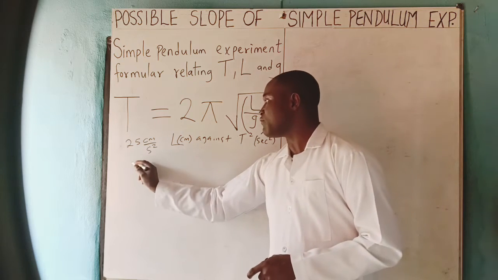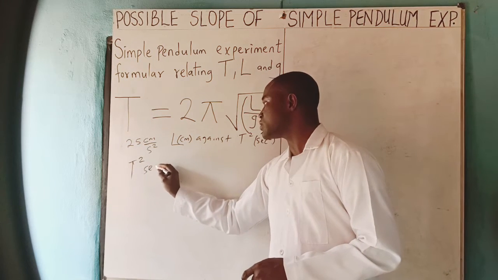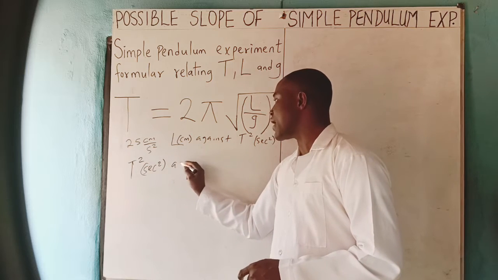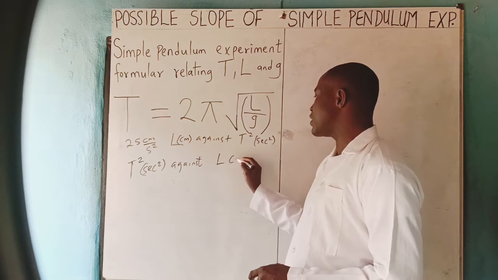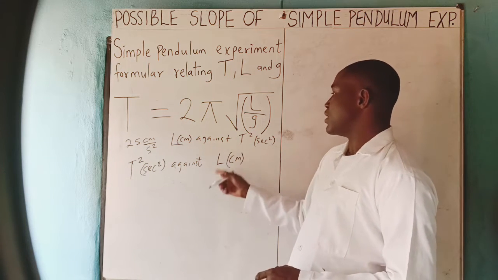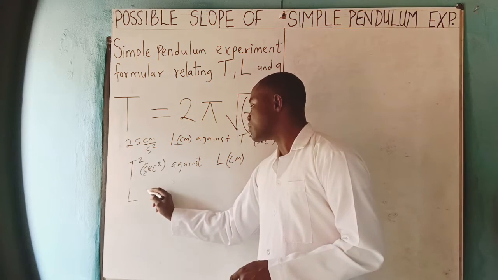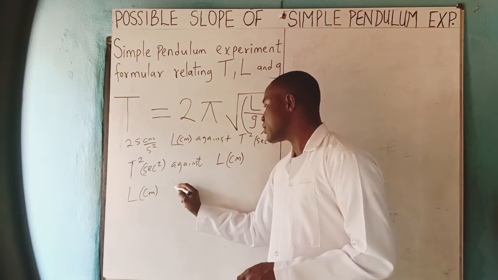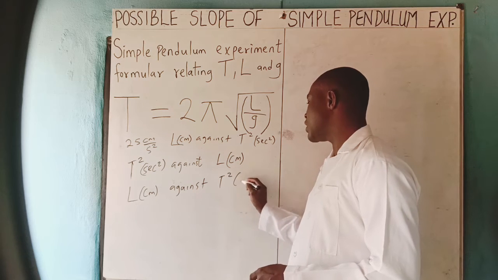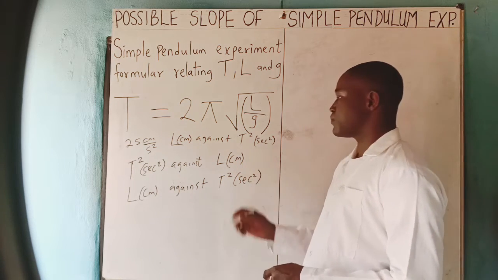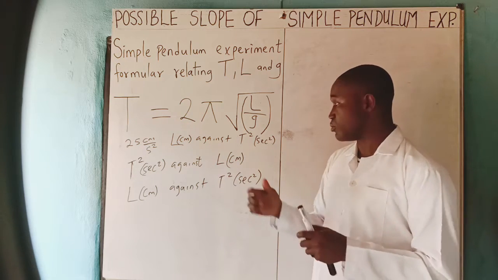That is graph of T squared, in seconds squared, against L in centimeter or in meter, and graph of L in centimeter or in meter against T squared in seconds squared. Are you getting it? And so these are the possible graphs one can be asked to plot.